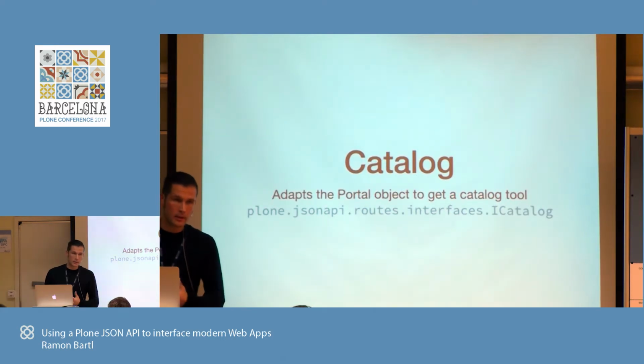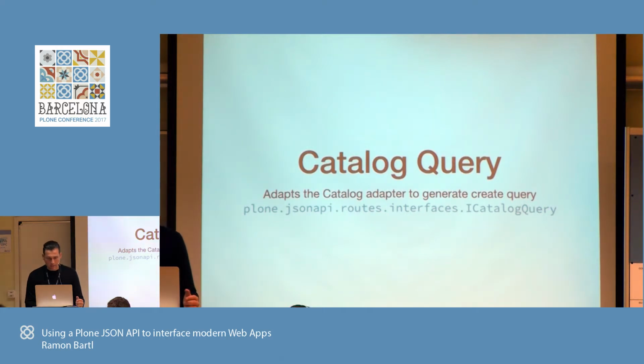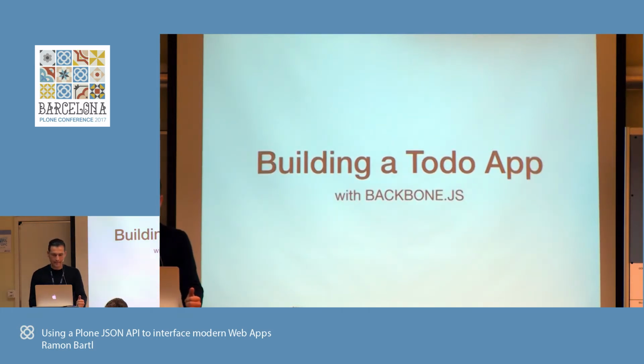There's also a catalog adapter to search and even a catalog query which you can override. So the Zope component architecture is a basic concept of the JSON API, of my JSON API, not to be confused with the REST API, which came afterwards, but these are the concepts of this API.